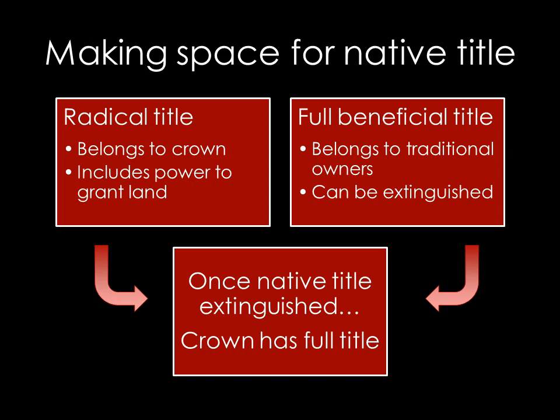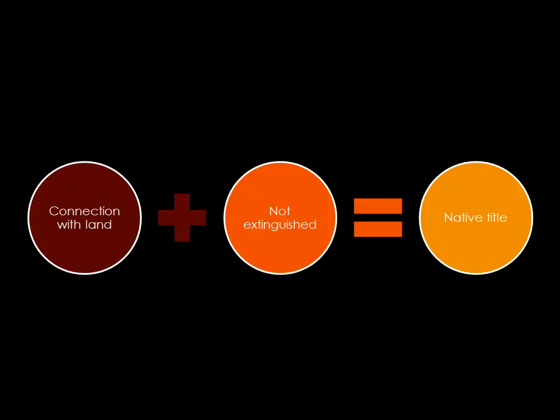So once native title is extinguished, at that point, the doctrine of tenure kicks in. The Crown has full title, and all of the other aspects of the doctrine of tenure will come into play.